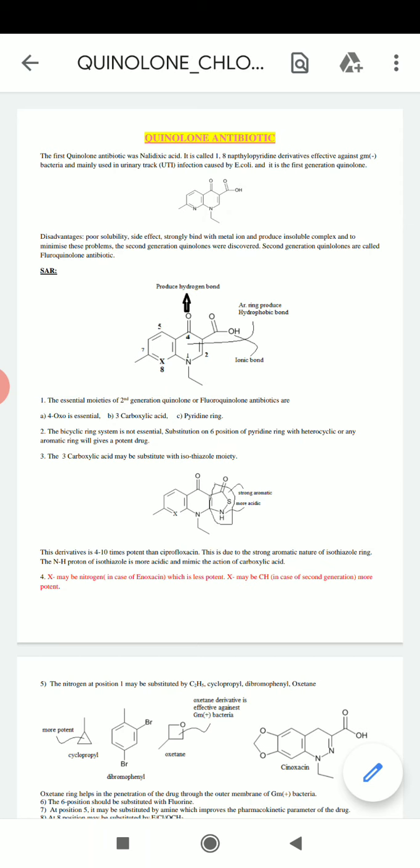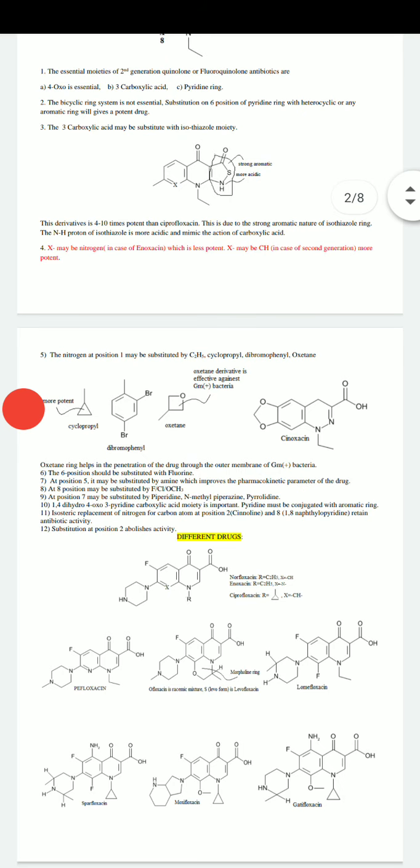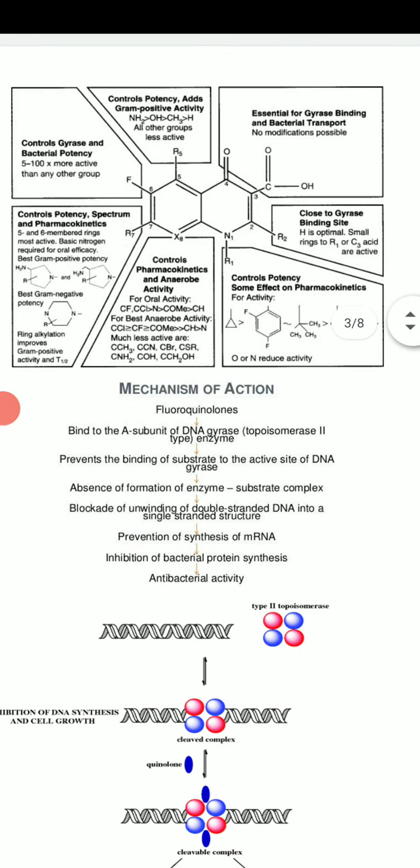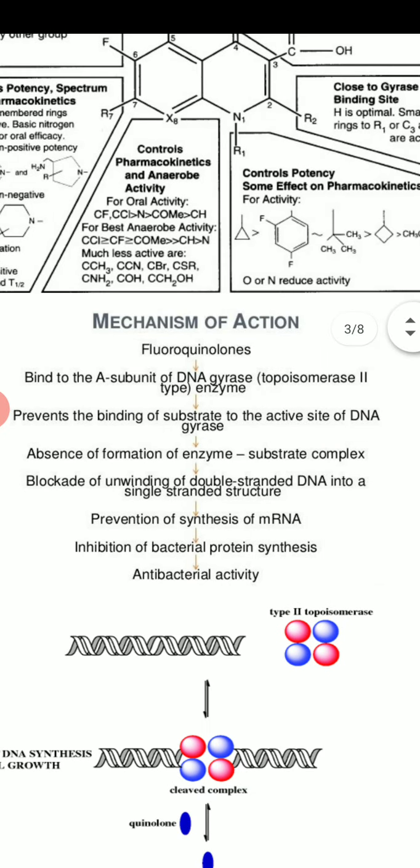When this C2H5 or cyclopropyl group is replaced by an oxetane group, that is also effective against gram-negative bacteria as well as gram-positive bacteria. So this derivative acts on both gram-positive as well as gram-negative bacteria.